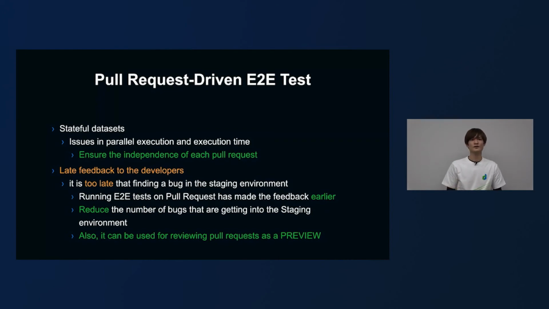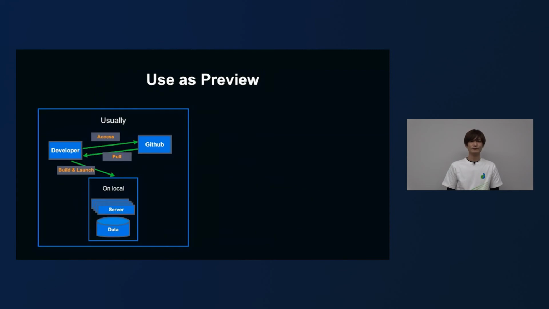In addition, this was not intended, but the environment deployed for E2E testing was sometimes useful in code reviews as well. For instance, when you review a colleague's code, isn't it difficult to review it unless you run it at hand?